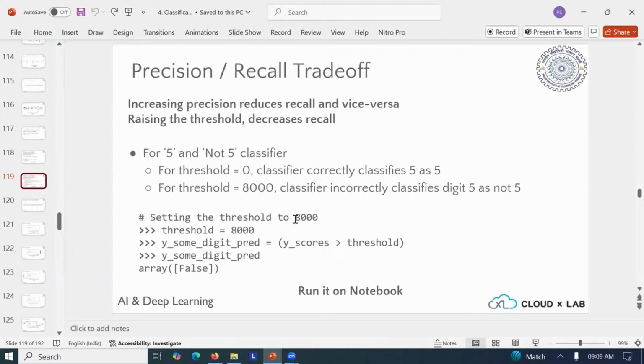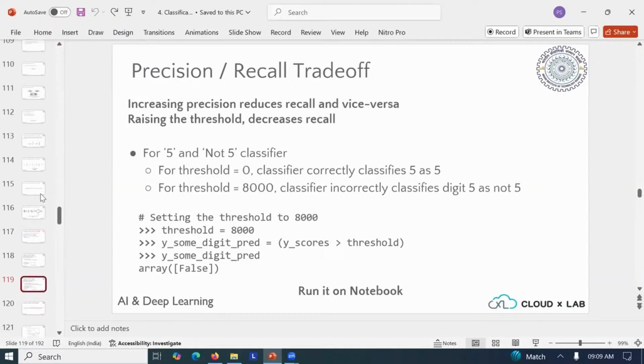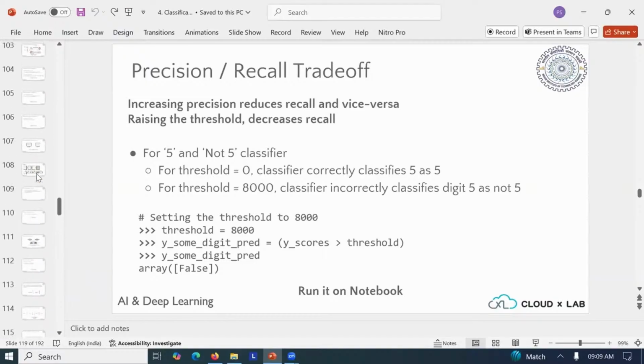So if some 5 cases we are predicting as not 5, the model's power of predicting 5 has been reduced, because for some 5 cases the model is not able to capture them. So it will decrease recall, right?